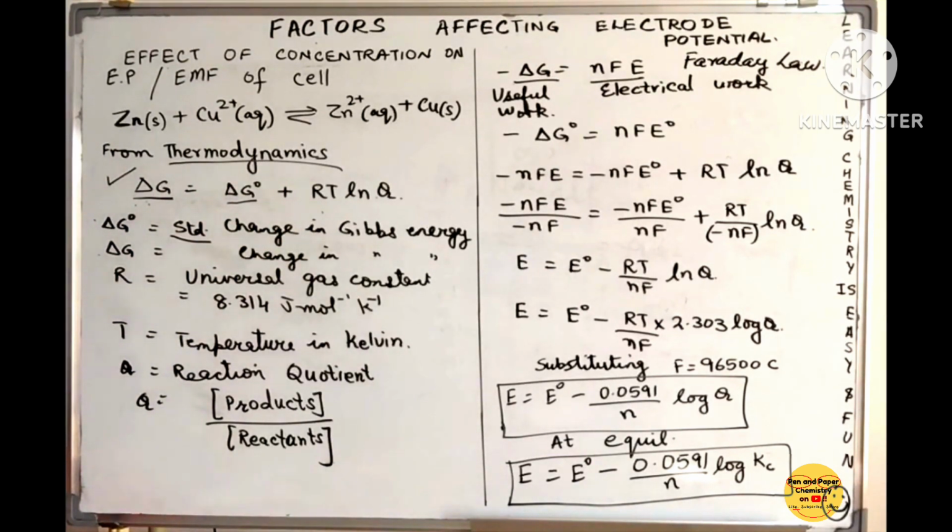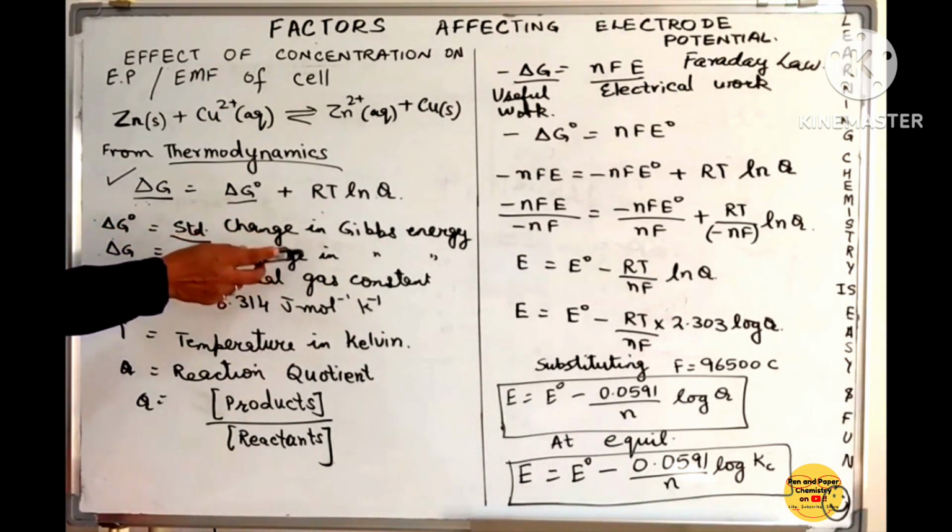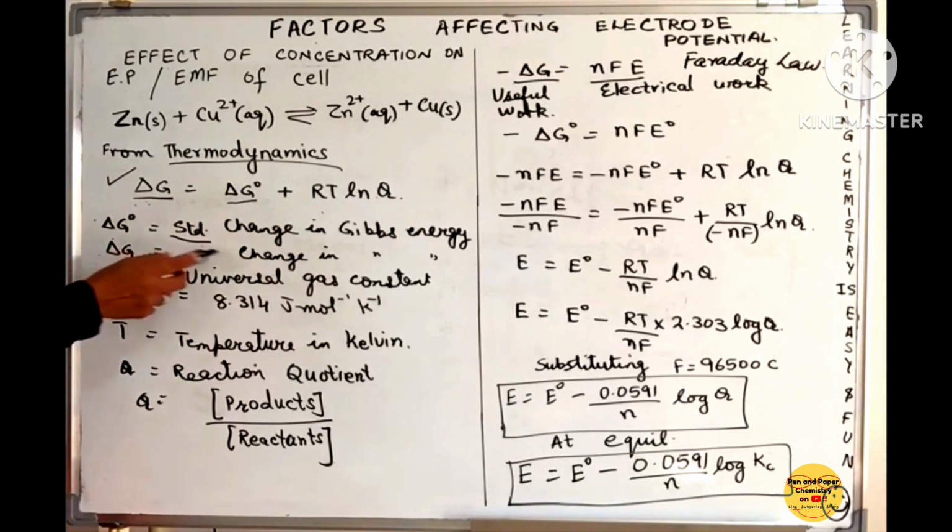That brings clarity to your work as well as your thinking. So delta G naught is the standard change in Gibbs energy. Delta G is the change in Gibbs energy. Here I have not included the word standard because the conditions are different from the standard conditions, any condition other than the standard condition.